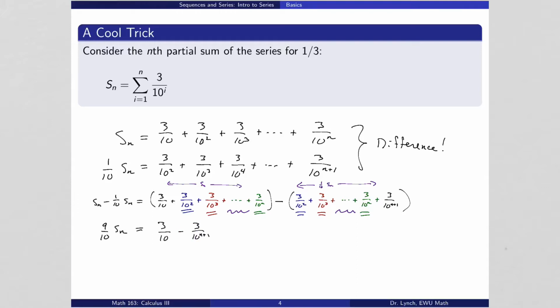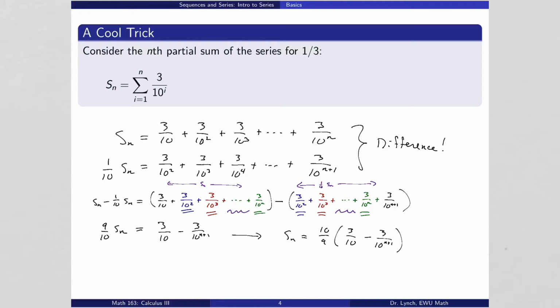Now, of course, if we have s sub n minus 1/10 s sub n, that quantity has to be 9/10 s sub n. So here's a formal expression for our nth partial sum, and we can do this every time. It tells us that s sub n is 10/9 times the quantity 3/10 minus 3 over 10 to the n plus 1.